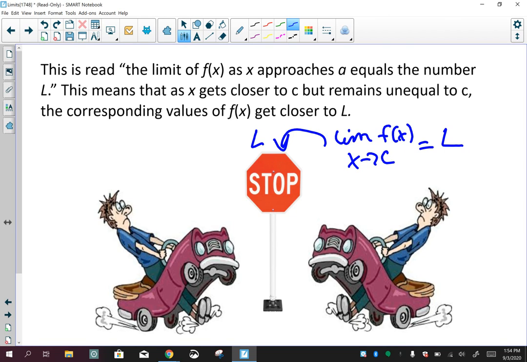Once I hit the actual stop sign, that is my limit. Me approaching the stop sign from either direction, that's going to be the X value. So however far I got to go, when I get to here is my X value. And when I actually arrive, that's my L value that I have to look at.